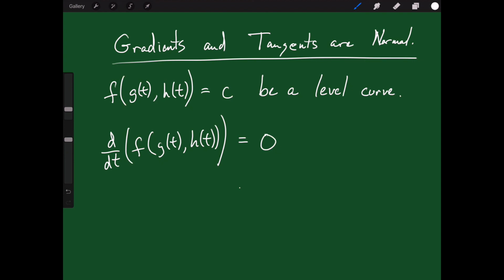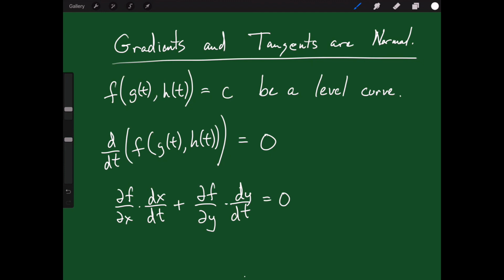Now, we can use the chain rule to break this up. The chain rule would tell me that I would find the partial of f with respect to x times the derivative of x with respect to t, plus the partial of f with respect to y times dy/dt, and that's equal to 0.